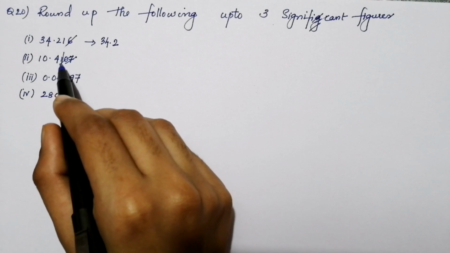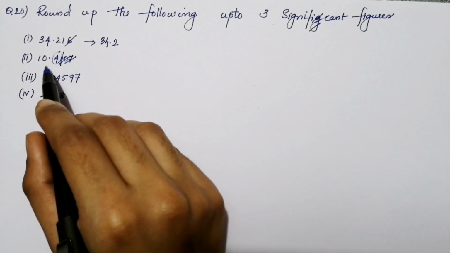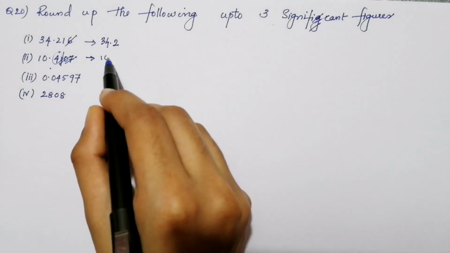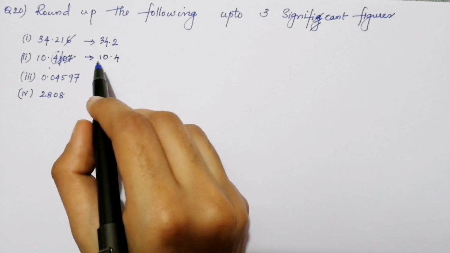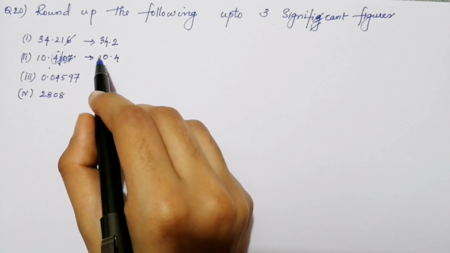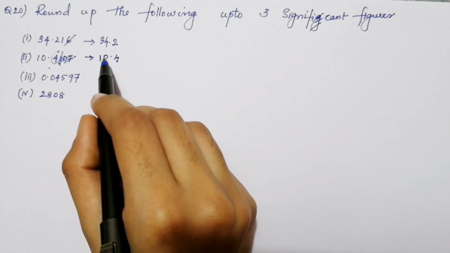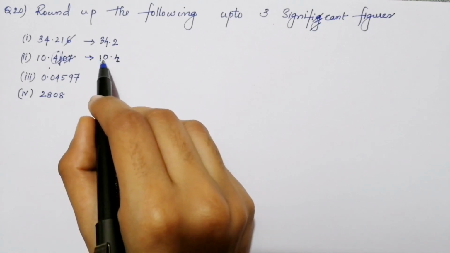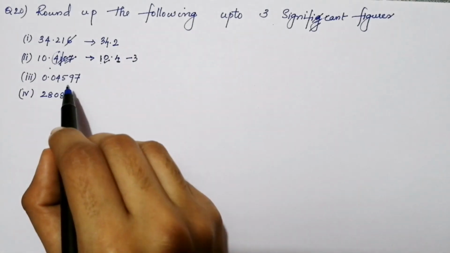When we are avoiding these, here we have 4 which is less than 5, so we keep that 4 as itself. Hence we have 10.4. Now let's check whether this number has 3 significant figures. Both this 1 and 4 are significant because they are non-zero digits, and this 0 is coming in between 2 non-zero digits, hence the 0 is significant. So we have 3 significant figures.